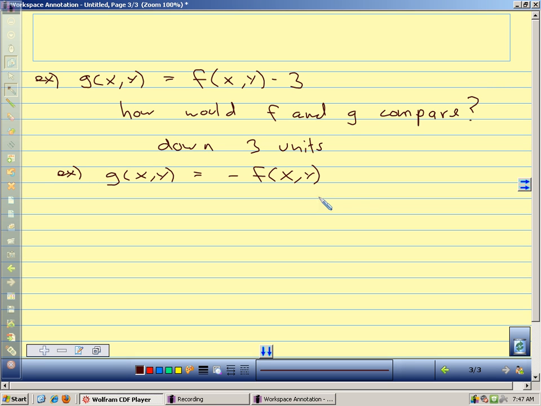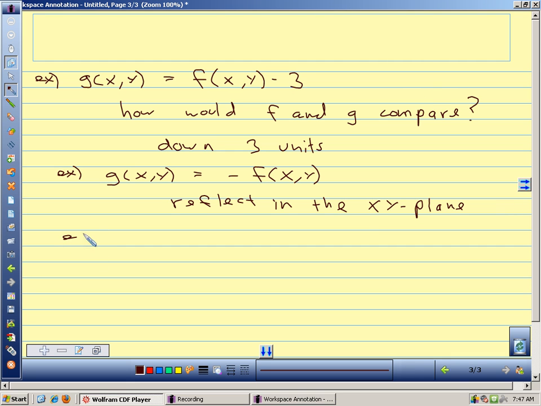So where would it flip to? Negative z. So Hayden did this. Flipped. So it would be reflected in the xy plane, or flipped over the xy plane. It just takes whatever our positive z values are and turns them into negative z values.